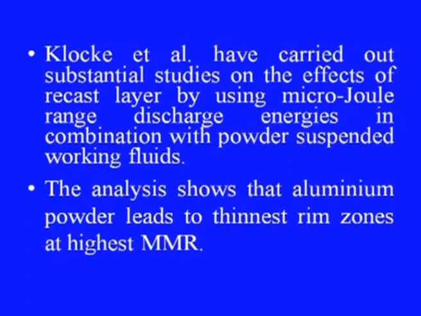Cloque and his co-researchers have carried out substantial studies on the effects of recast layer by using micro-joule range discharge energies in combination with powder suspended working fluids. The analysis shows that aluminum powder leads to thinnest rim zones at higher material removal rate.